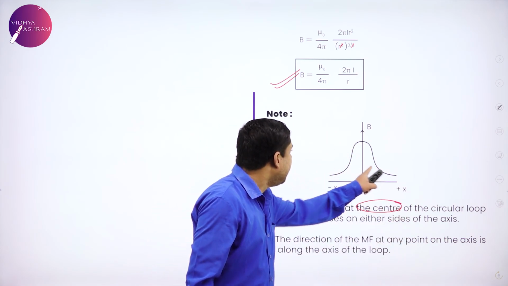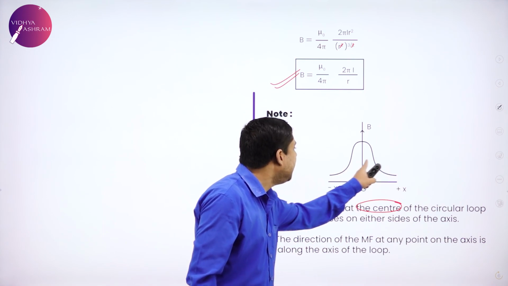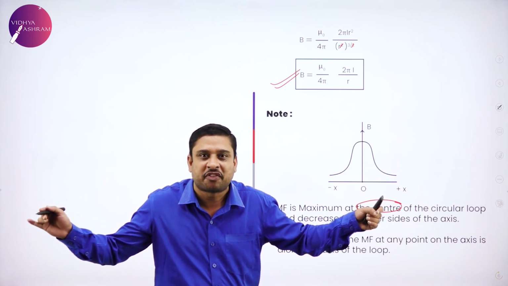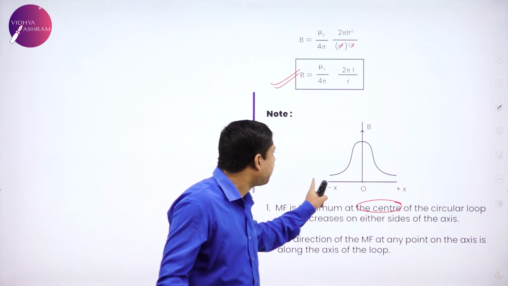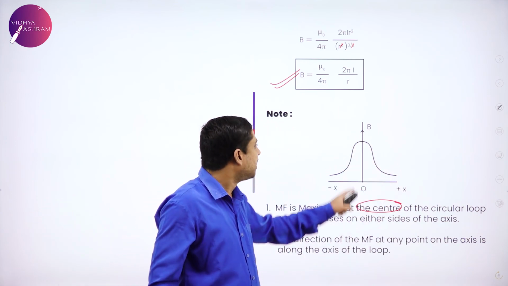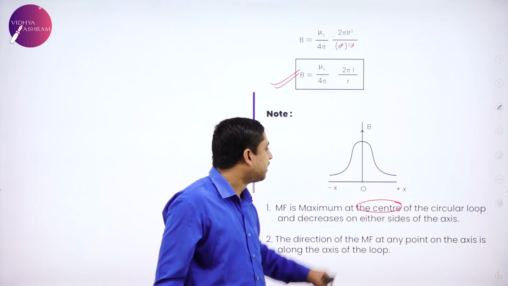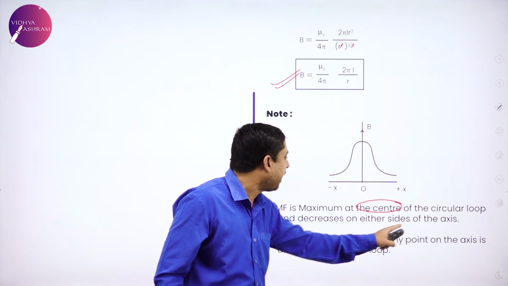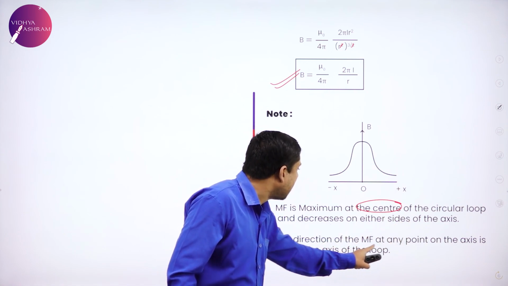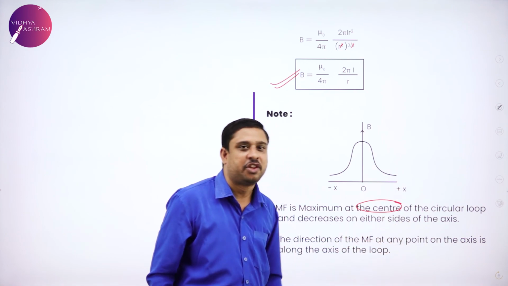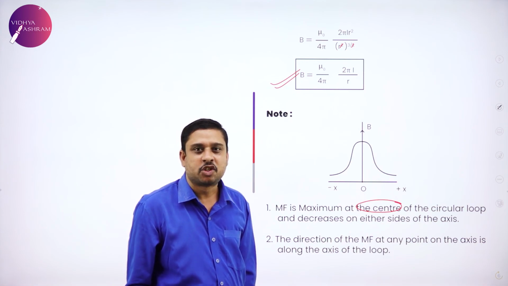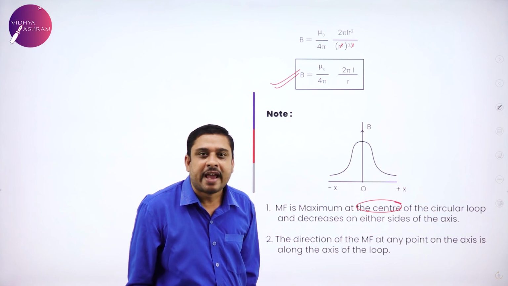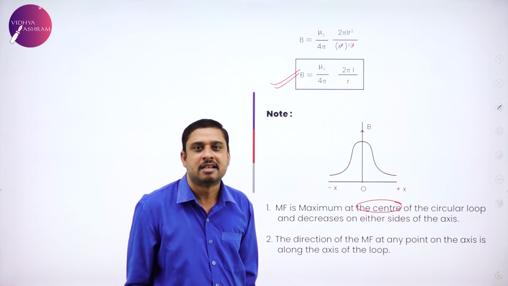And you see, it decreases on either side along the axis. On the two ends of the axis, the magnetic field decreases, but it is maximum at the center. And the direction of the magnetic field is always along the axis of the loop.